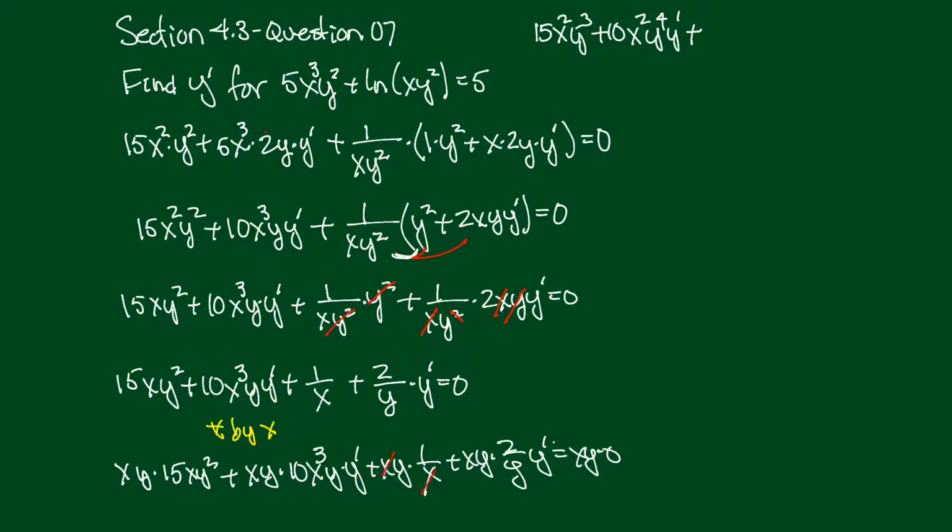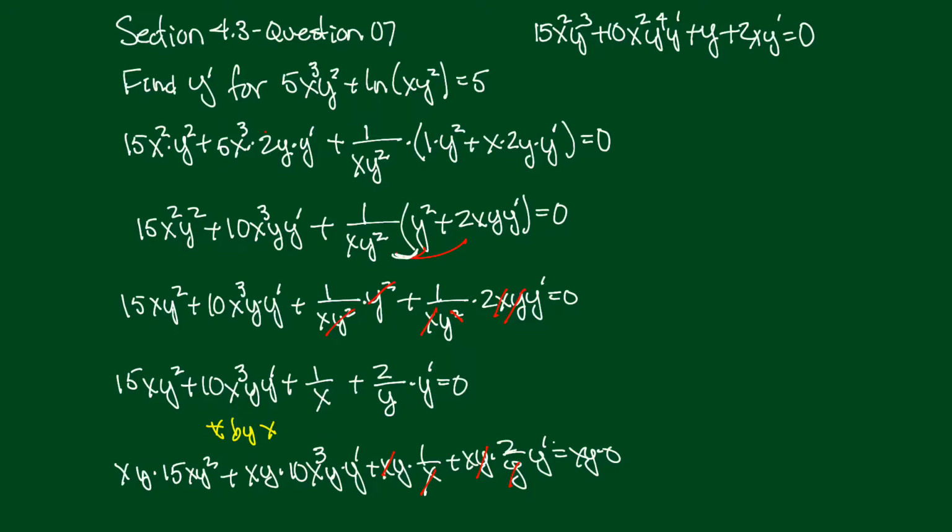That x cancels with that one. We're just left with a y. So here we're left with just a y, plus, now over here, the y's are going to cancel. That y goes with that y, and I'm left with this 2, the x, and the y prime. So we'll get 2x y prime equals, and on the right side, 0 times anything is 0.